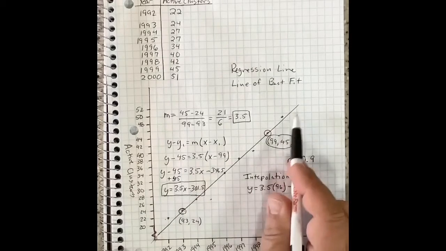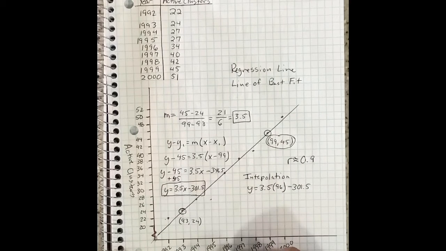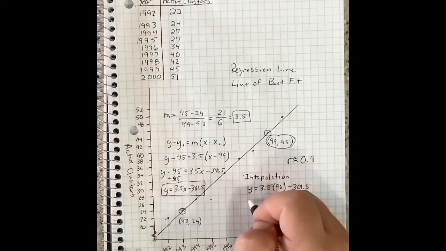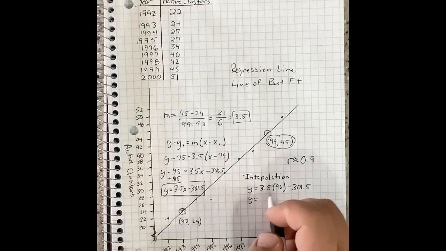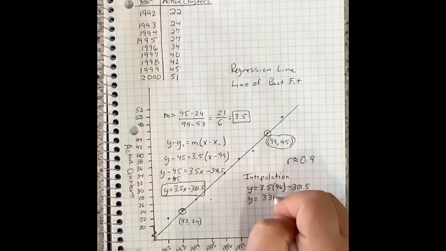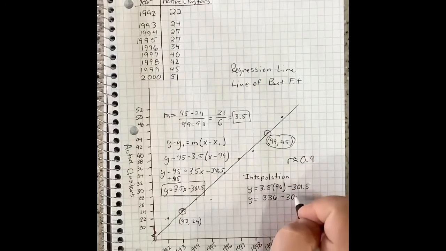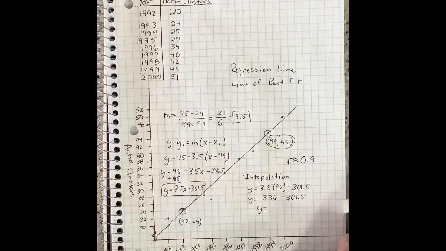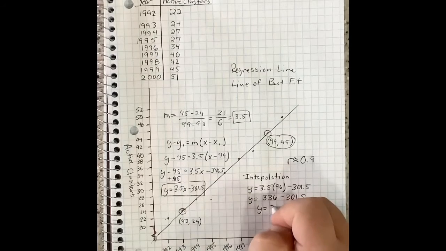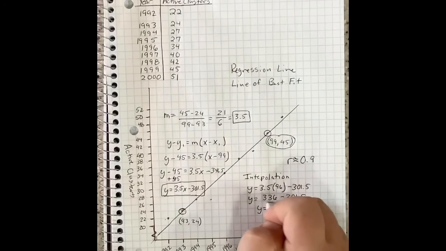What is 3.5 times 96? 336. Minus 301.5. So this would predict 336 minus 301.5, which is 34.5 in 1996.